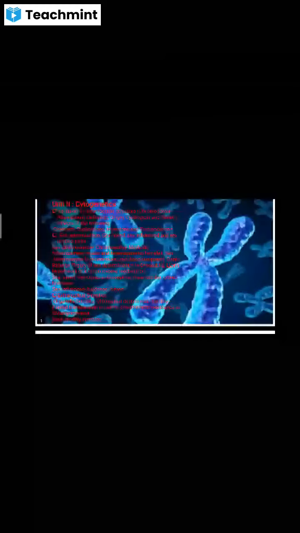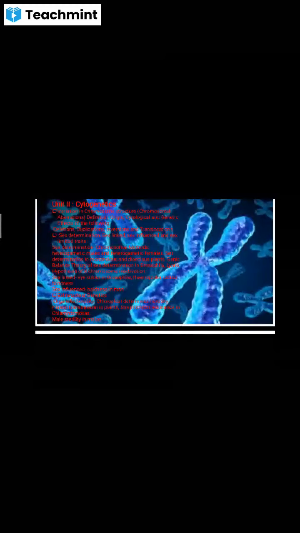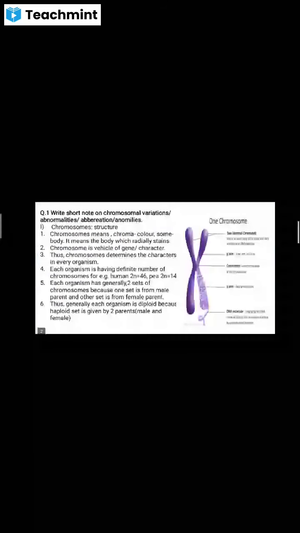So in this unit there are different aspects related to variations in chromosomes, then sex determination and sex linked diseases, and the advanced topic, extranuclear genetics, is also included in this unit. So, question one in this unit: write a short note on chromosomal variations.